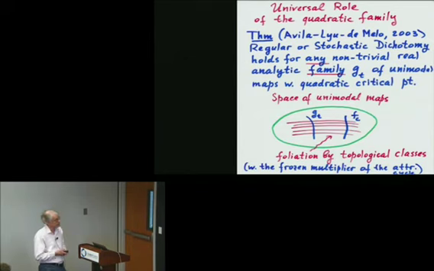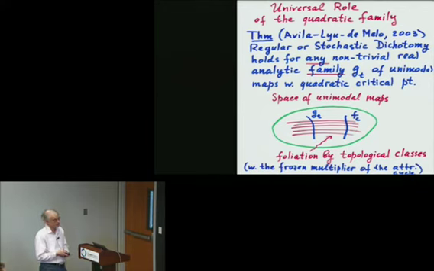So imagine the space of unimodal maps, and imagine this is the quadratic family, our friend f sub c, and imagine some other family. There is a natural holonomy from one family to another through the topological classes of maps, the classes of topological conjugacies.